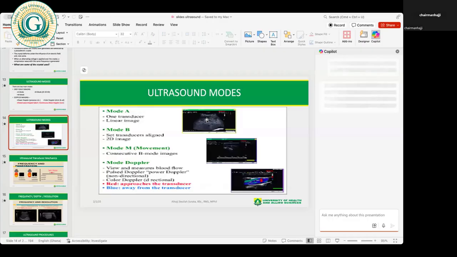So this is a B mode, this is a pulsed wave Doppler, and this is the color Doppler. Images of the rest will be depicted to you during our practical sessions, whereby their understanding would be made clearer.